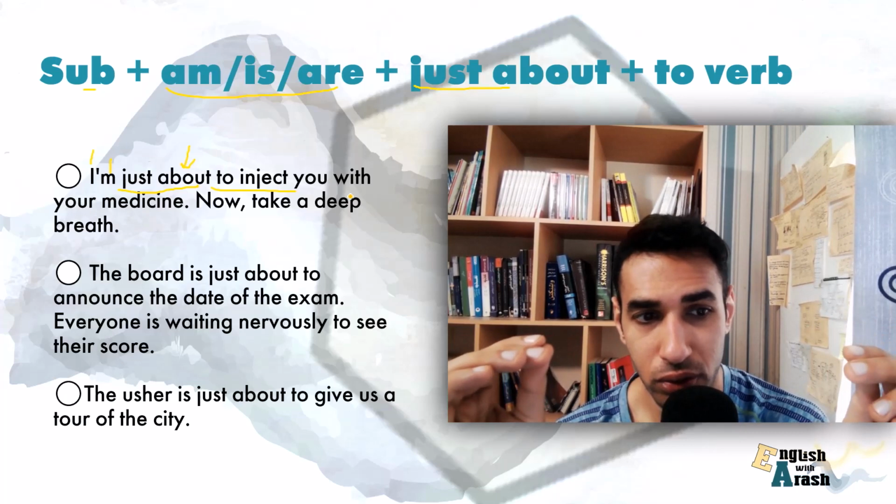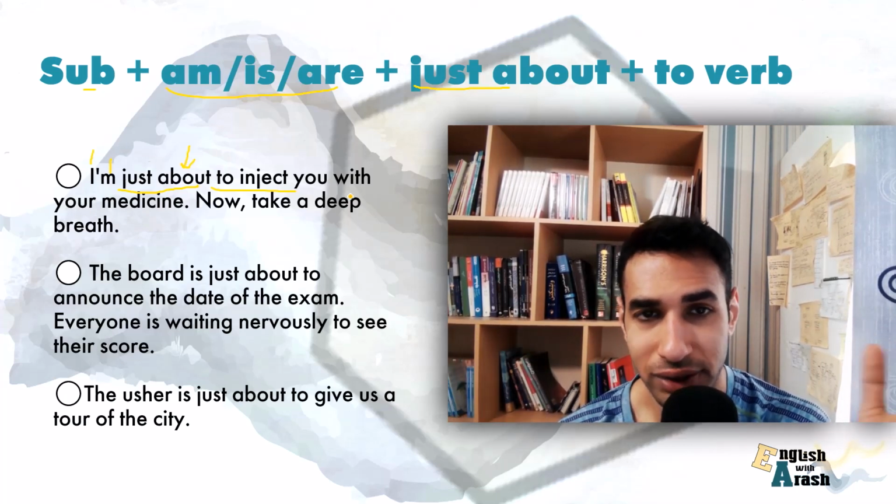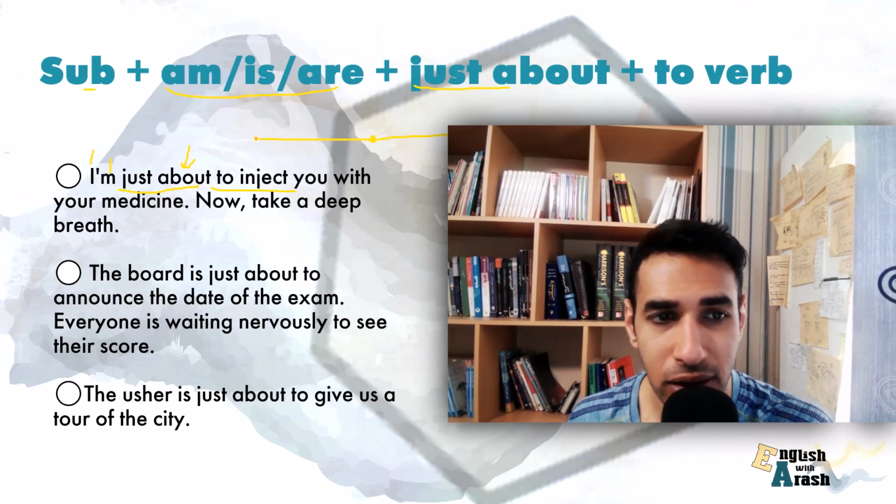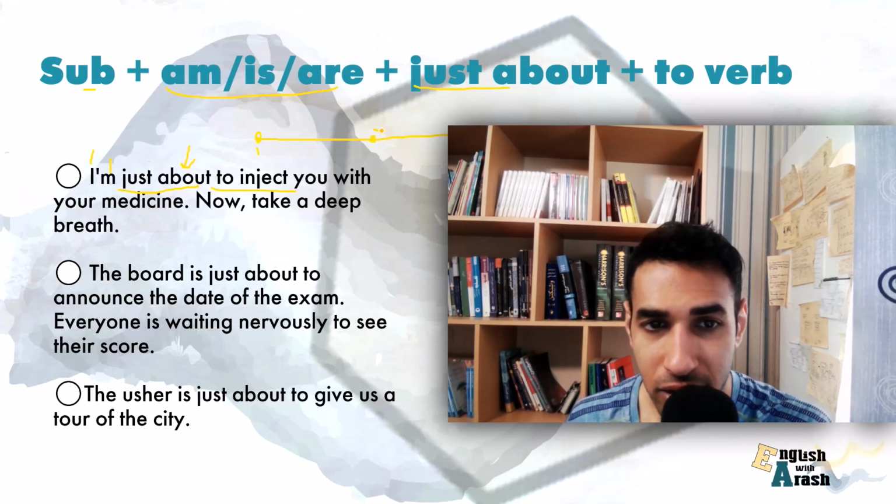So, just about means that something is going to happen very soon. If this is our timeline, this is present, this is past, this is future, something is going to happen in the very near future. Maybe if this is present, something is going to happen here, for example, very close to the present time.